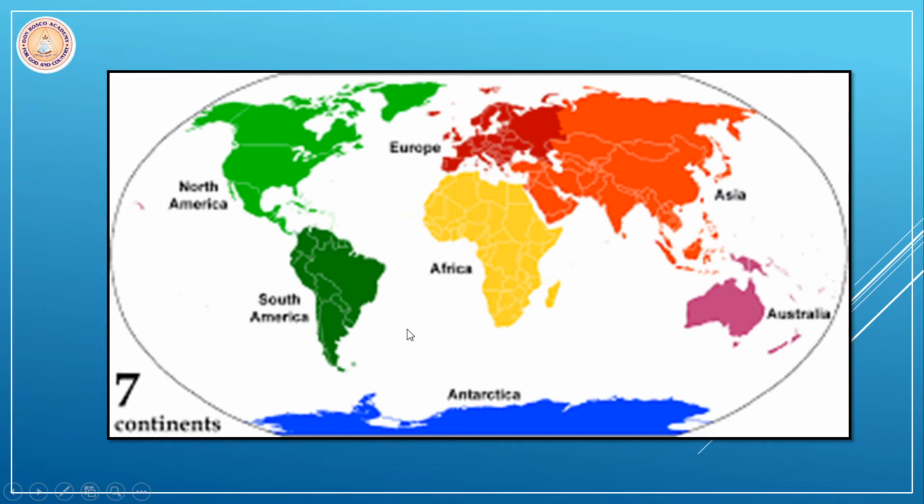Oceans are more extensive in the southern hemisphere. That is, to the south of the equator, we have more areas of water and less areas of land, while in the north, we have more areas of land and less areas of water.